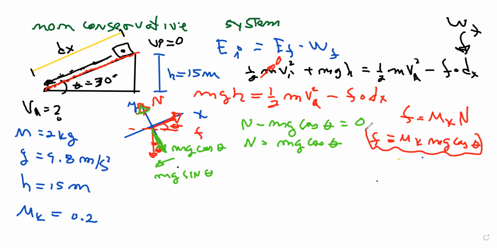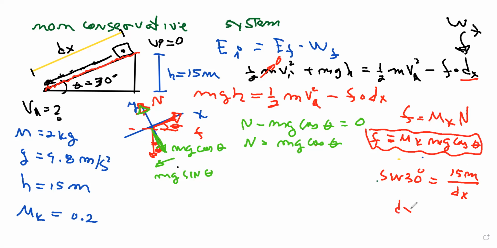You got your friction. And we can calculate the distance dx, because the sine of 30 degrees is going to be equal to the opposite, which is the height, which is 15 meters, divided by dx, which is the hypotenuse.